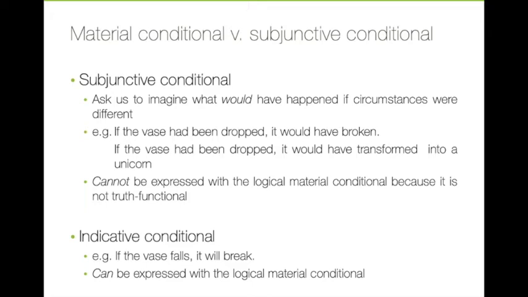We can contrast that with our indicative conditional. That would be something like, if the vase falls, it will break. This is a sentence that can be expressed with the logical material conditional because as long as the consequent isn't false when the antecedent is true, that statement will be true.